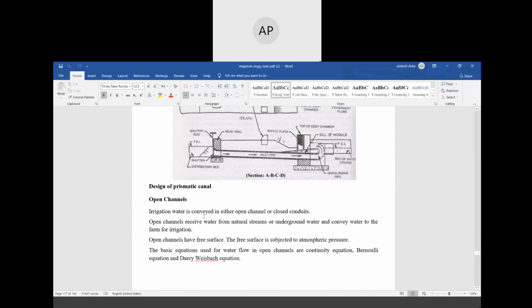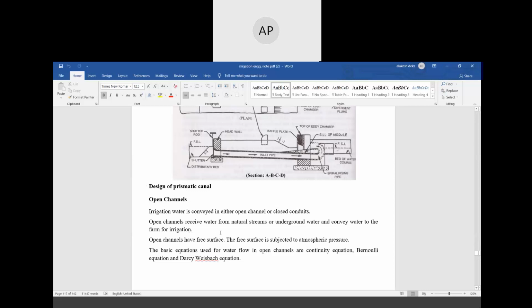What are the channels? What are the different shapes of a canal? The channel may be prismatic. So already you know this prismatic channel. In fifth semester you learned about prismatic channels and open channels, isn't it? So these are open channels.